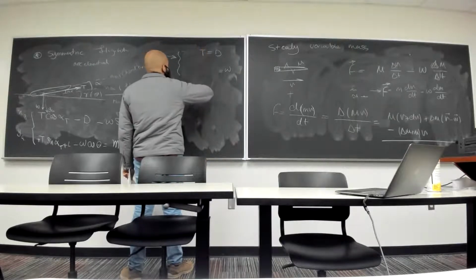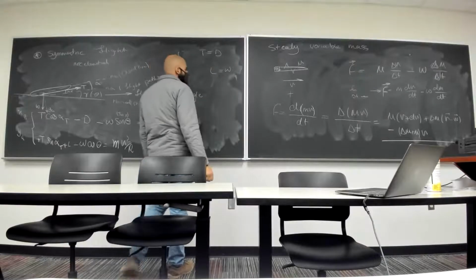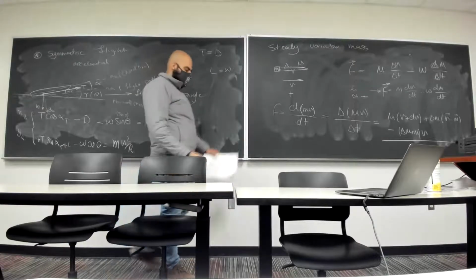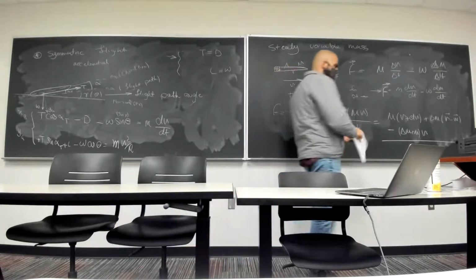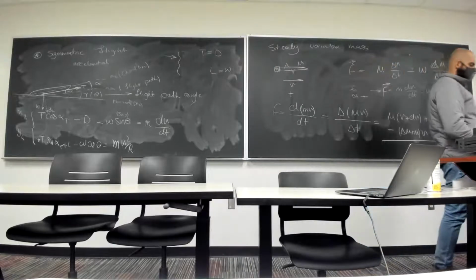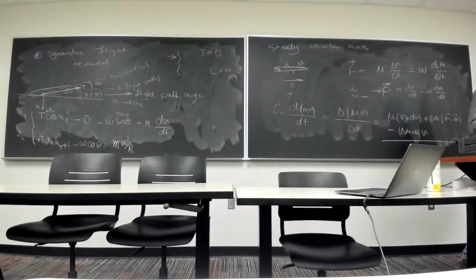T is going to be equal to drag, and lift is going to be equal to weight for a level unaccelerated flight. Are there any questions?